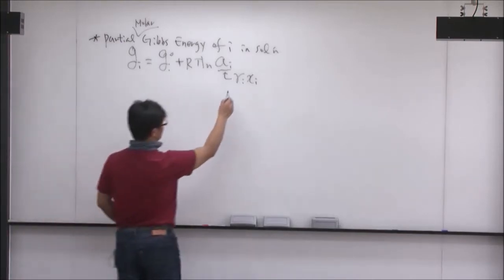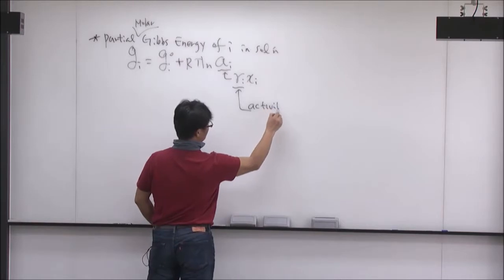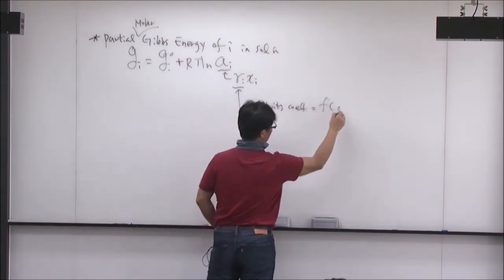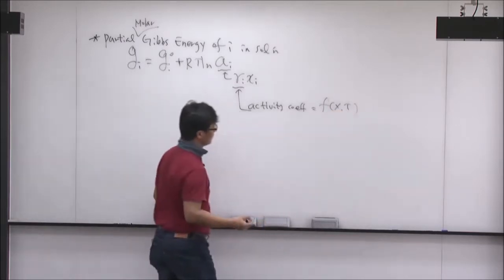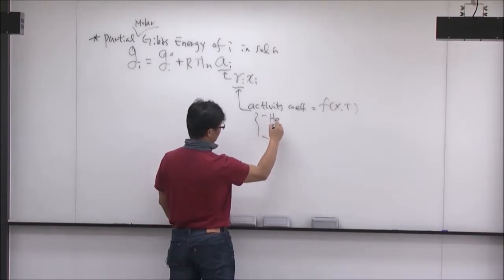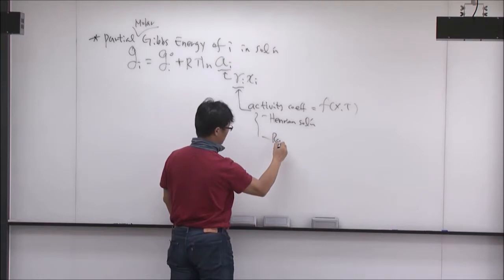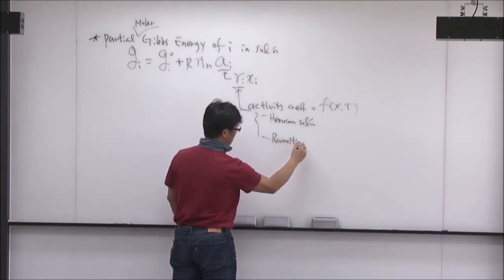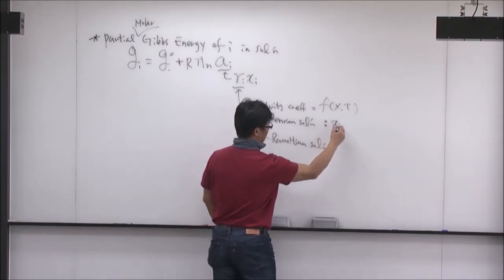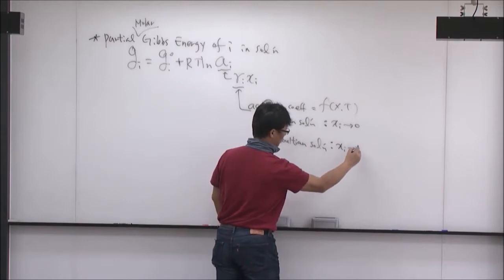And this activity coefficient is typically a function of the composition and the temperature. And there's a very special case. One is the Henrian solution. The other one is this case, and this means when x_i becomes almost 0 and when x_i becomes almost 1.